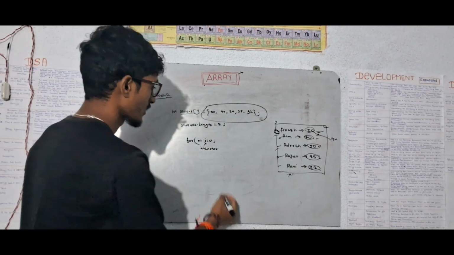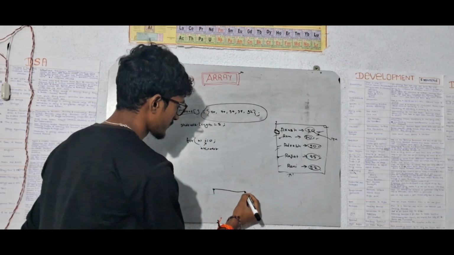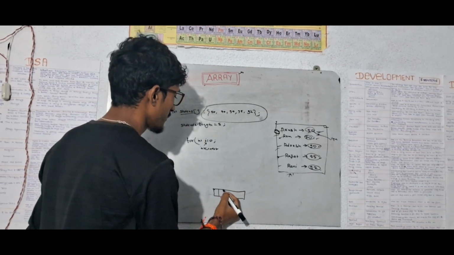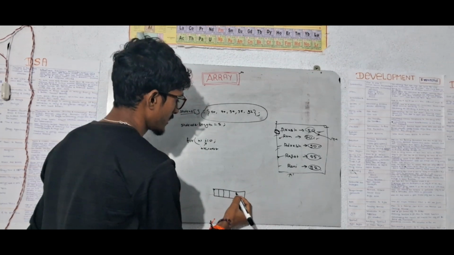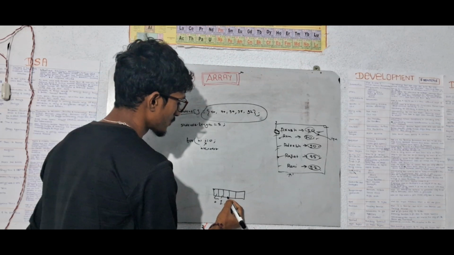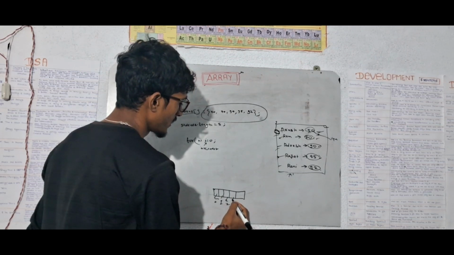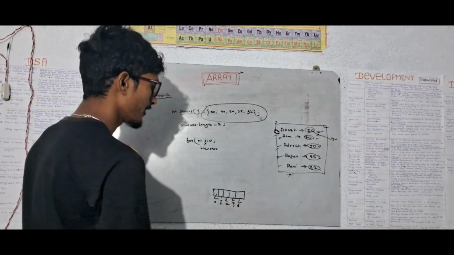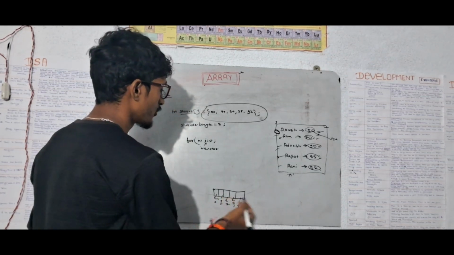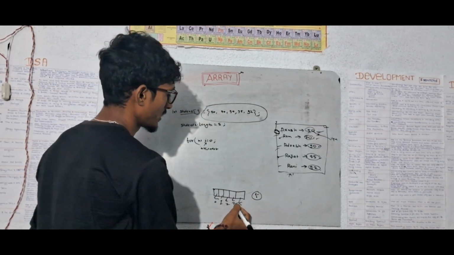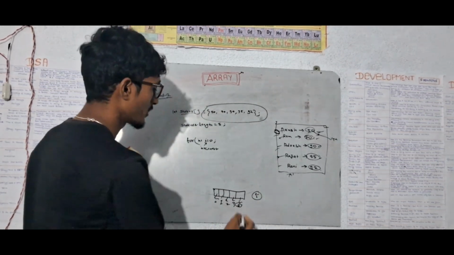We have seen here, if we create an array whose length is 5, here is index 0, here index 1, and here 2, 3 and 4. It means if the array length is 5, then the last index number is 4.